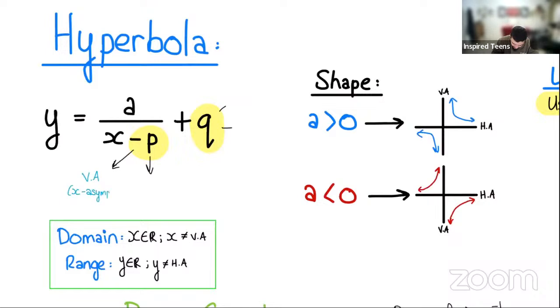And we have another one that tells us that it's opposite sign. We'll discuss what opposite sign means in a second. But let's talk about q. So q is what we call the horizontal asymptote, or HA, or the y asymptote as well.